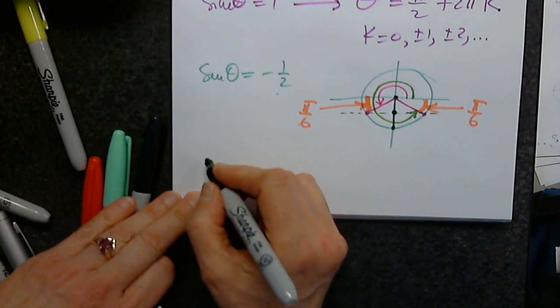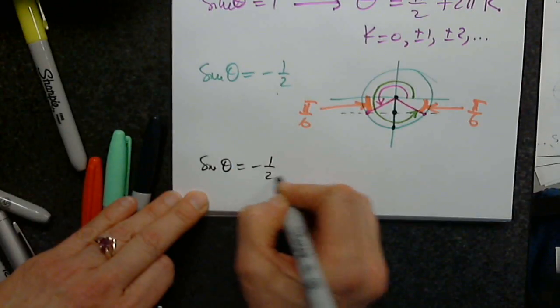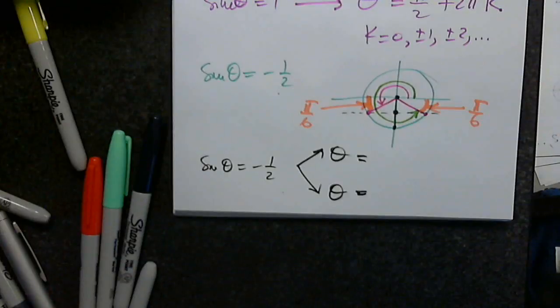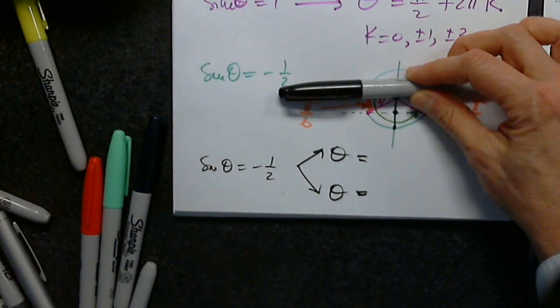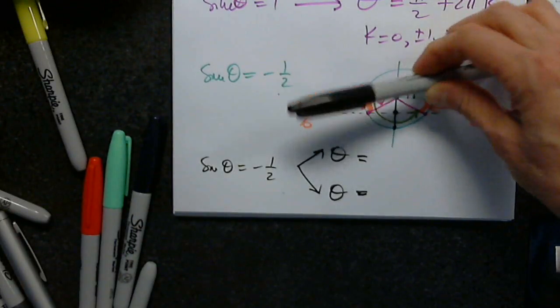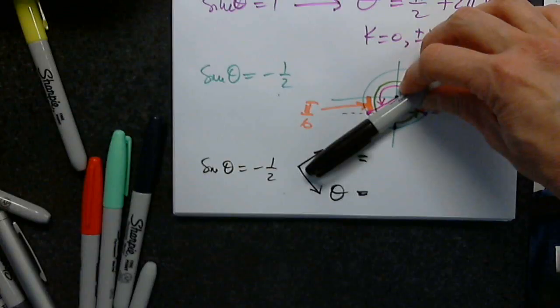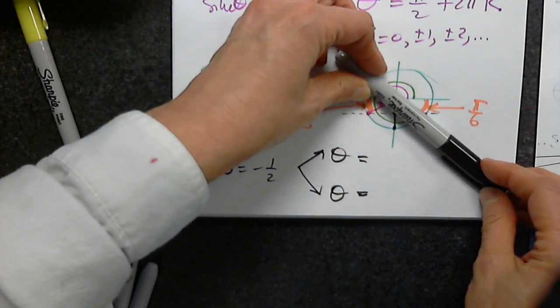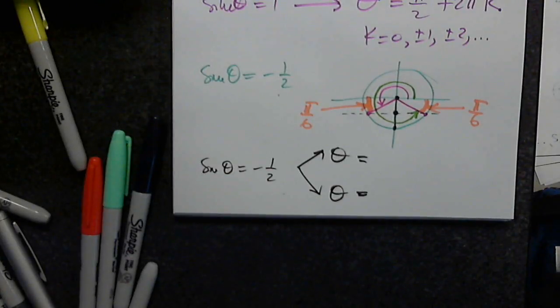Standard angle, of course. So sine theta equals negative 1/2 gives us two different thetas. The first theta is 180 plus 30, or I should say pi plus pi over 6. And this one is 2 pi minus pi over 6. See how easy it is now since you already have the knowledge.